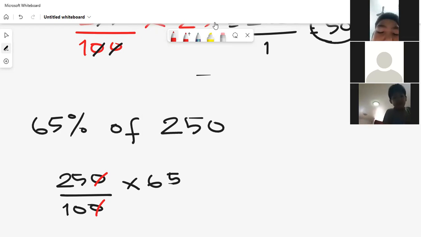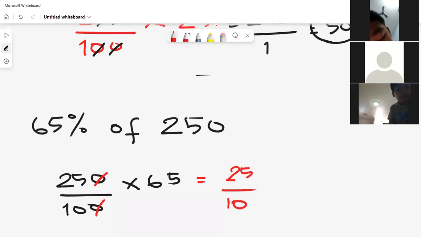Wait for a while, not yet. So it will become 25 over 10 times 65. Now, what are the numbers that we can cut?